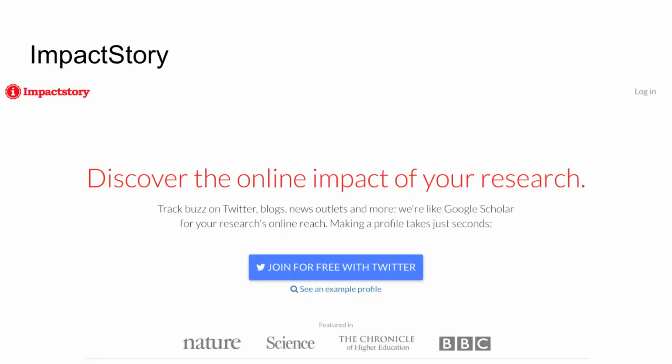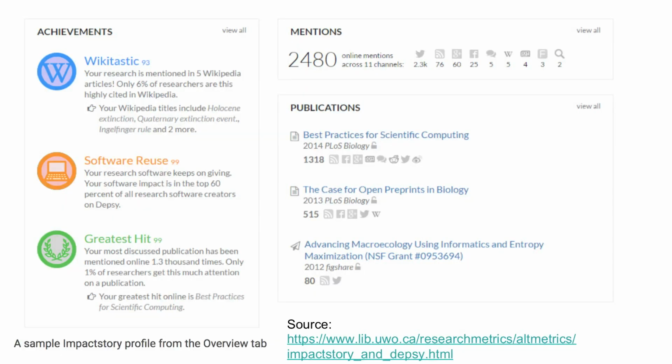The third company is Impact Story. This is yet another company in this space, alternative metrics or Altmetrics, which helps us assess the online impact of our research, and this is what they call the impact story profile. Again, the process is the same, the different places where it is mentioned.